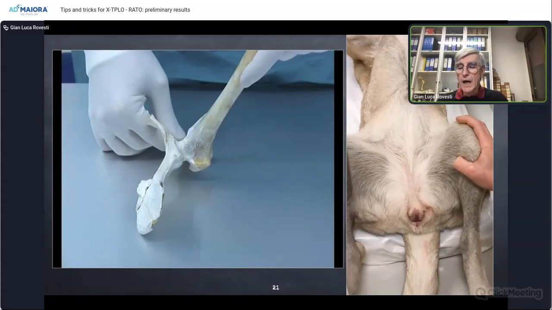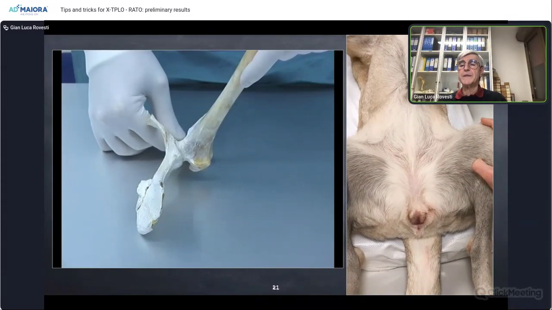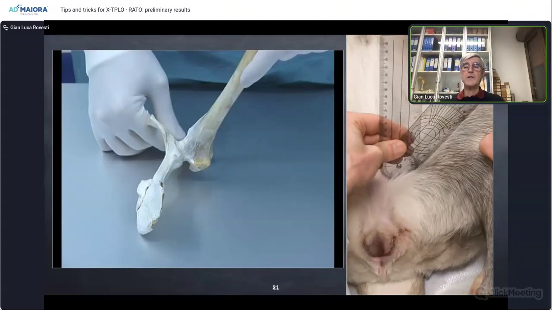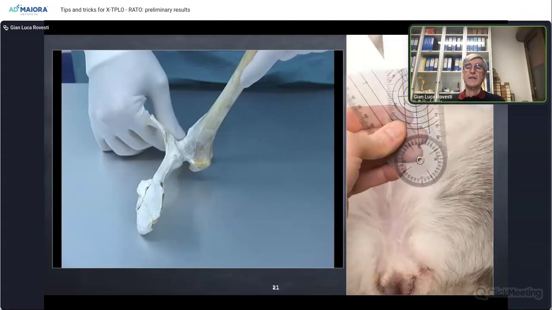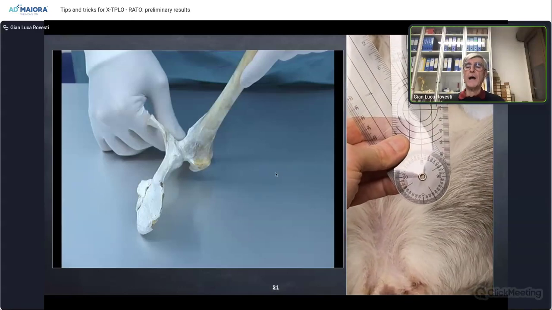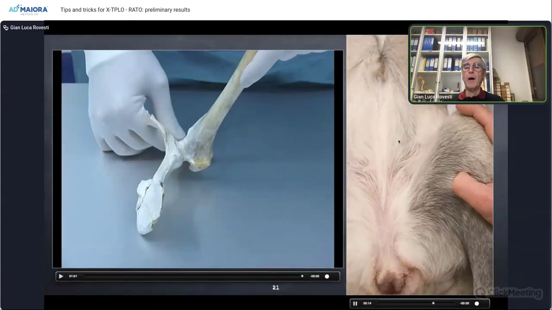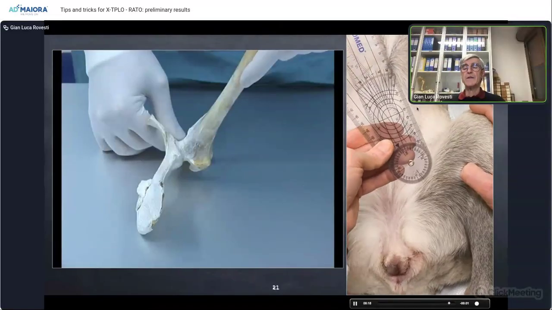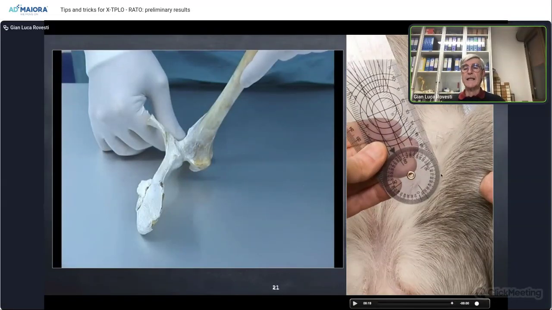This is how I perform this test during standard procedure. This is not a fancy goniometer, just one limb of the goniometer is vertical. The other one is laying on the medial surface of the thigh, and I can read the angle here.